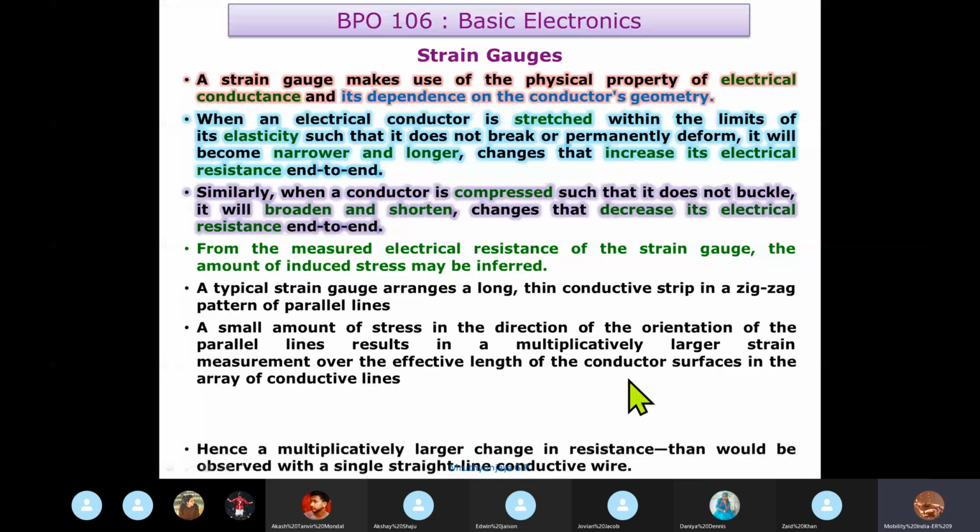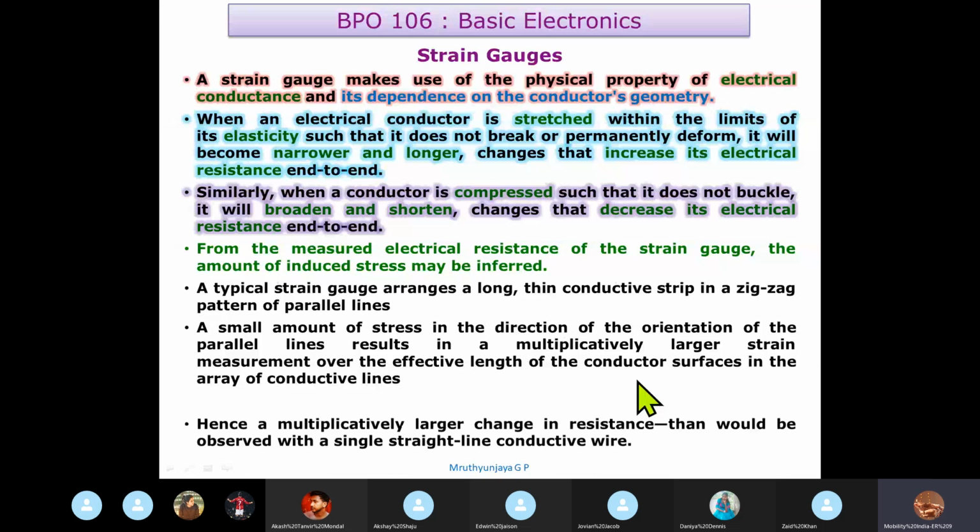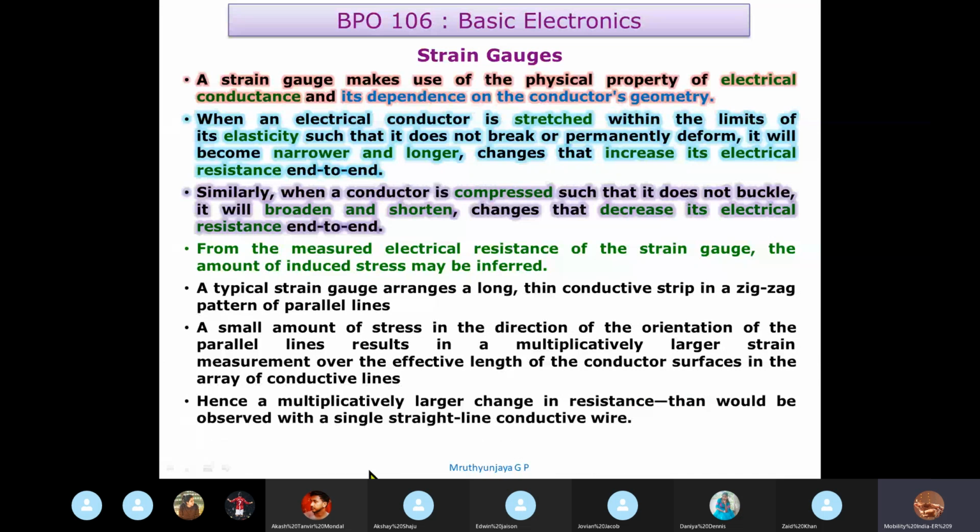The change in resistance is multiplicatively larger than that observed with a single straight wire. You can have a larger change in resistance by using a longer wire in a small area, so we orient it in a zigzag fashion. We'll see the diagram.